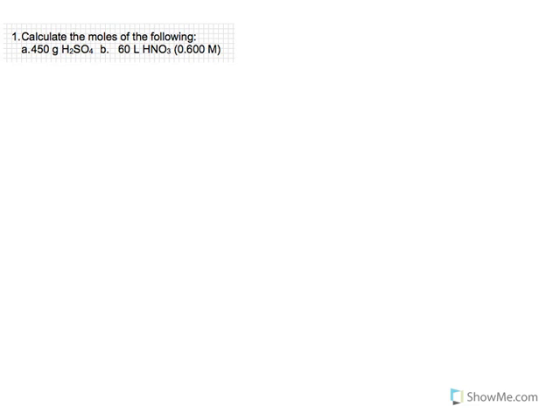For the first part of the example, or part A, we have 450 grams of sulfuric acid. So we can say that for part A, we are given our mass as 450 grams for H2SO4.